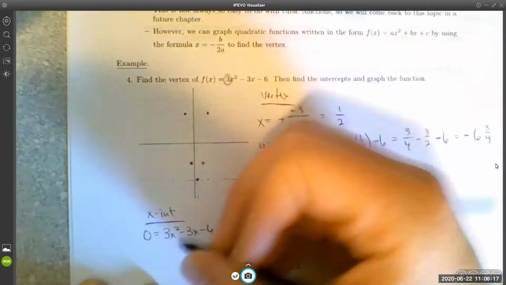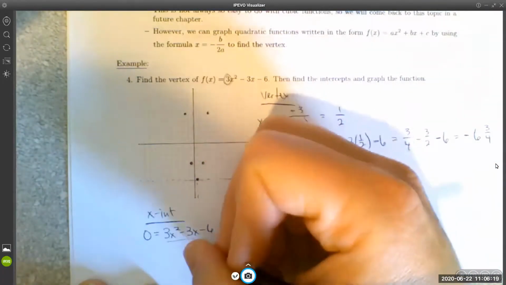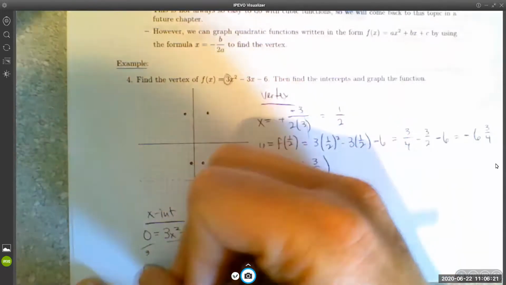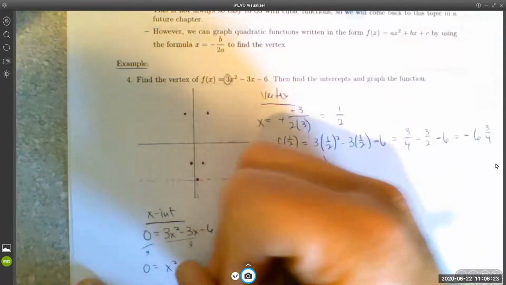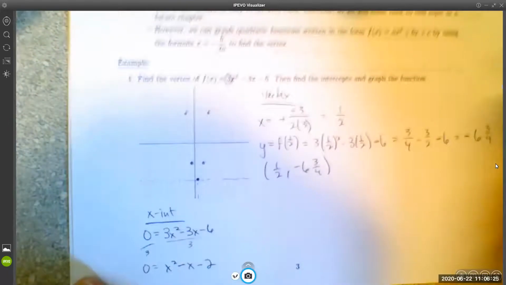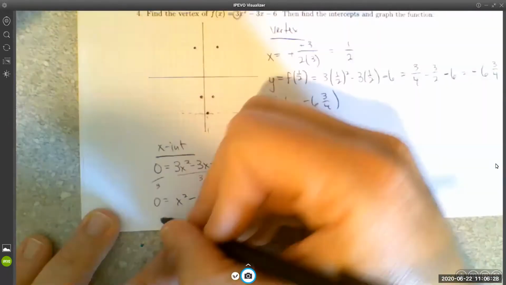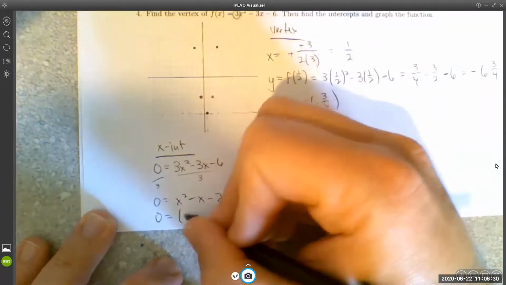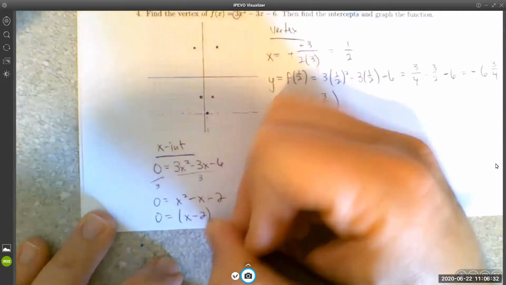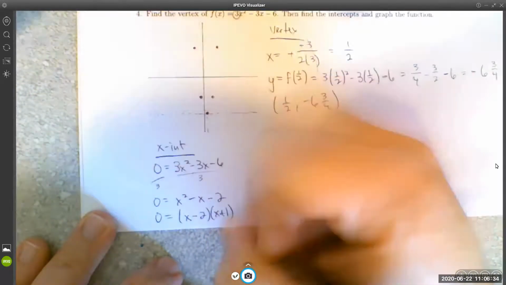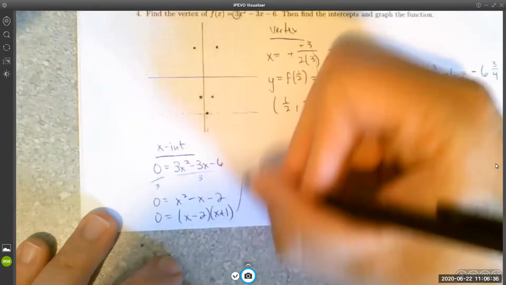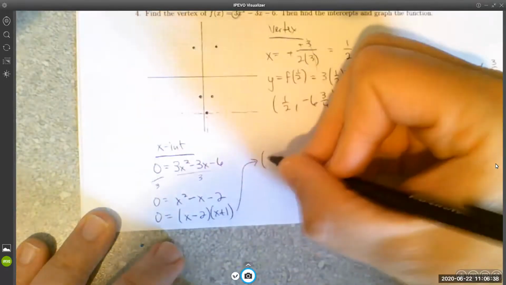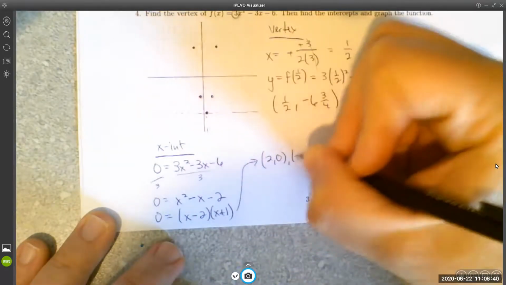I'm going to just divide through by 3. I'm going to get 0 equals x squared minus x minus 2. Can we factor? Oh, I think we can factor that, yeah. We can get x minus 2 times x plus 1. That gives us our x-intercepts, right? So our x-intercepts are the points (2, 0) and (-1, 0).